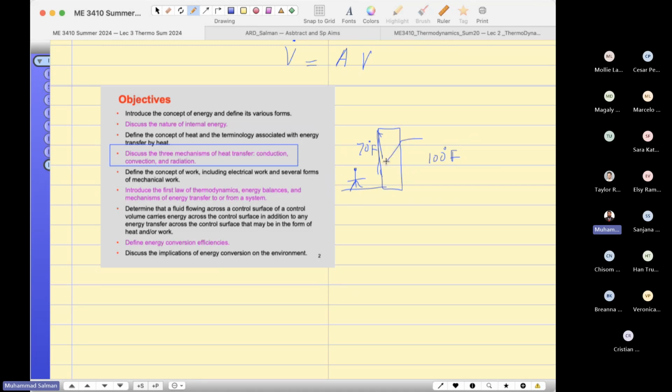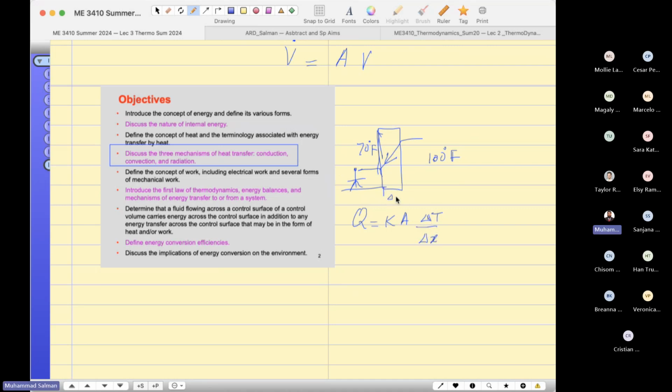So the heat will flow inside from outside. And then how would you find out the amount of heat being transferred through conduction? When you see conduction, you have to use this formula: temperature difference and the thickness of wall.